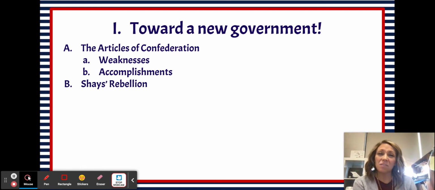So there's lots of different things that are going on in the government under the Articles of Confederation. People aren't real happy. And we have a group of Revolutionary War soldiers in Massachusetts, and they have been promised a pension. Okay, their pension is their retirement. After you retire from your military service, you get this money from the government.